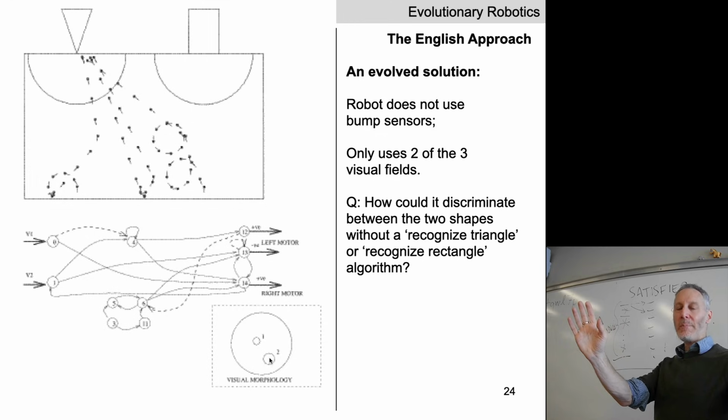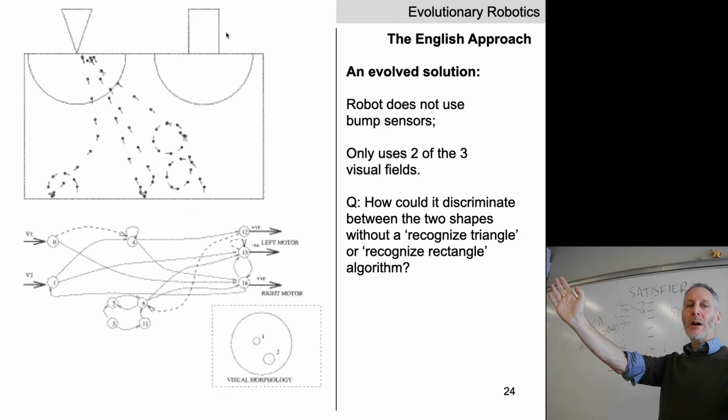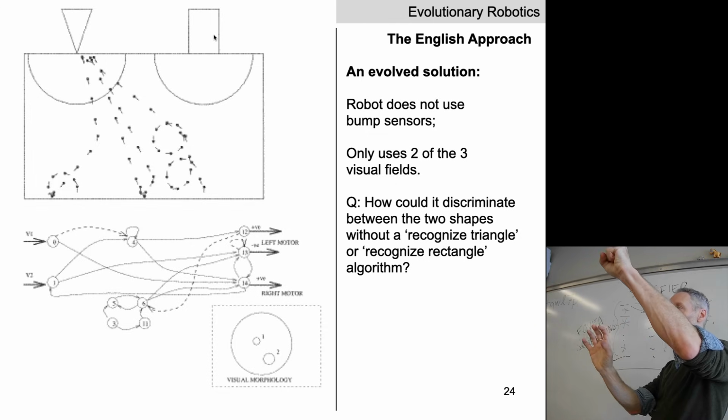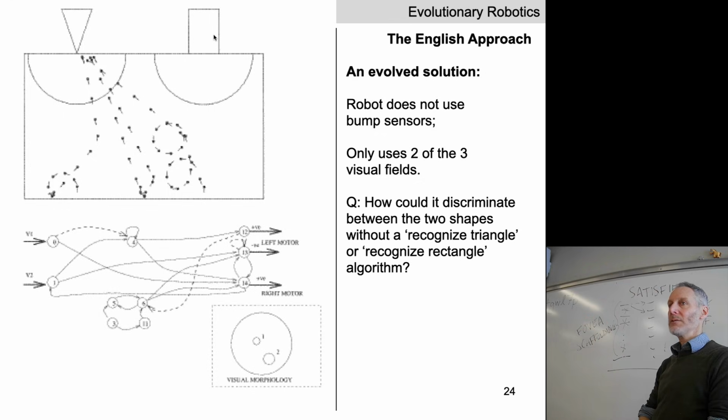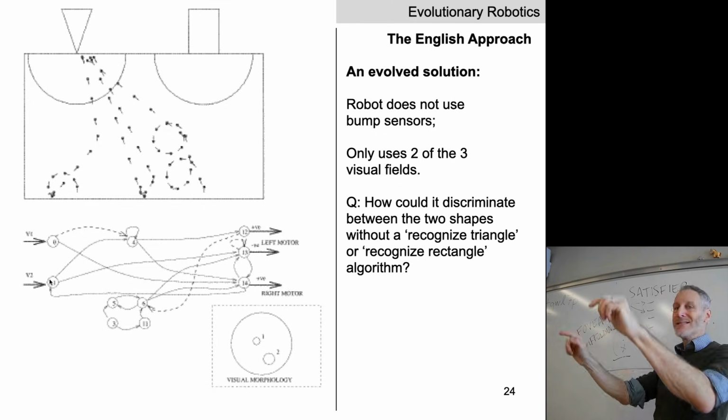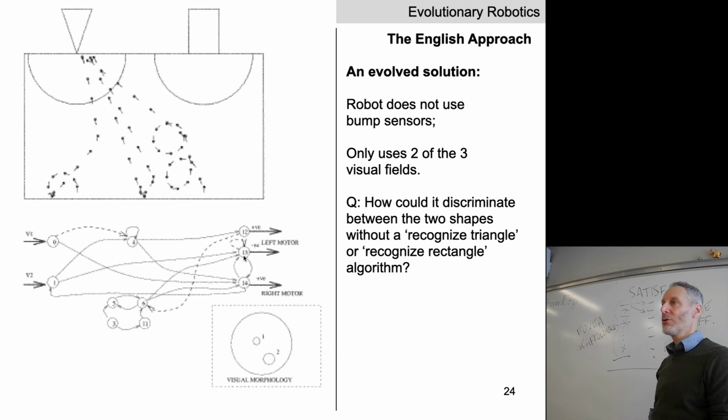That's kind of what's happening here from the perspective of the robot. If the robot moves left and sweeps its fovea across the rectangle, fovea 1 goes dark and then fovea 2 goes dark. So far, so good? Here's fovea 1, here's fovea 2. So that information is going into the neural network and affecting how the robot moves.